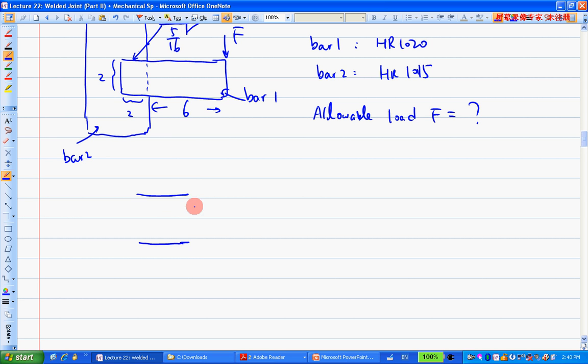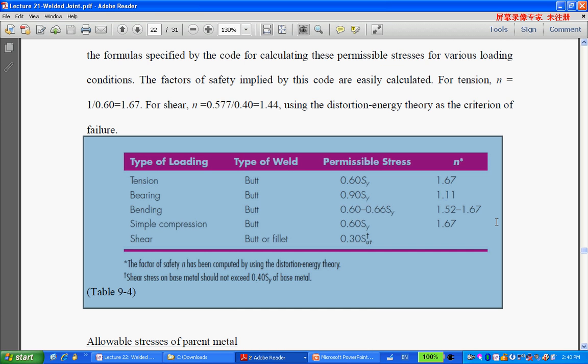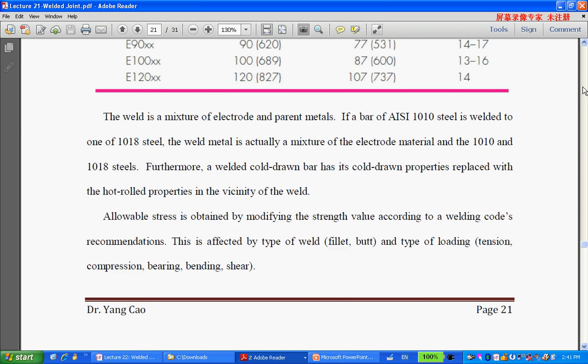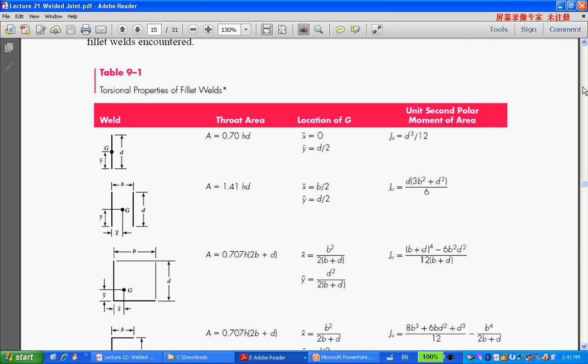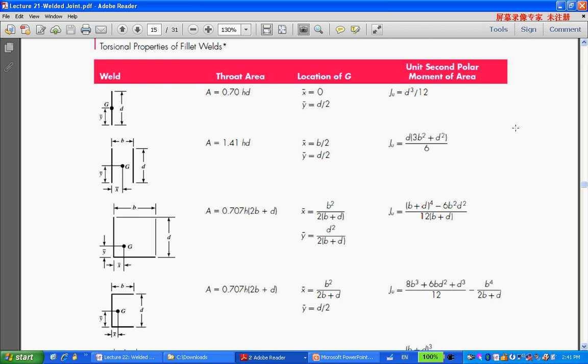Okay, so this is the shape right here. Now you can label the geometry of the shape, and in this case it's in plane, so we should make use of which table? Table 9-1. Table 9-1 doesn't have two horizontal welds, but as I said, this is the one you use.